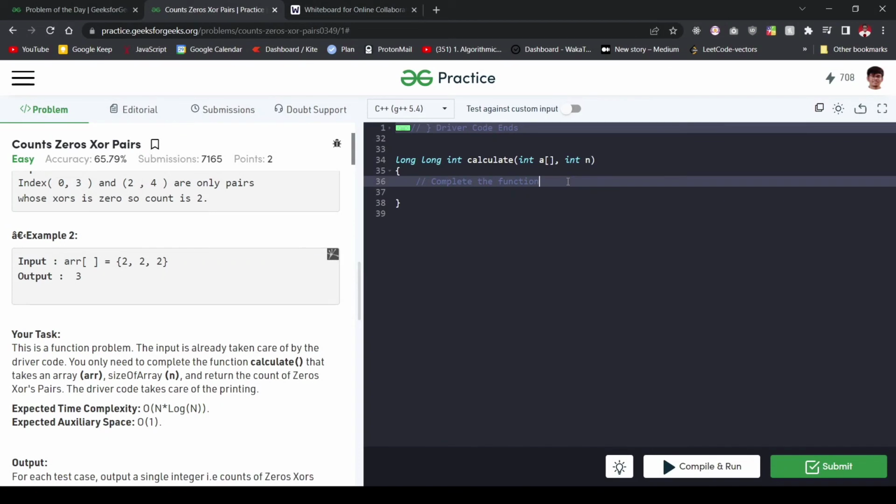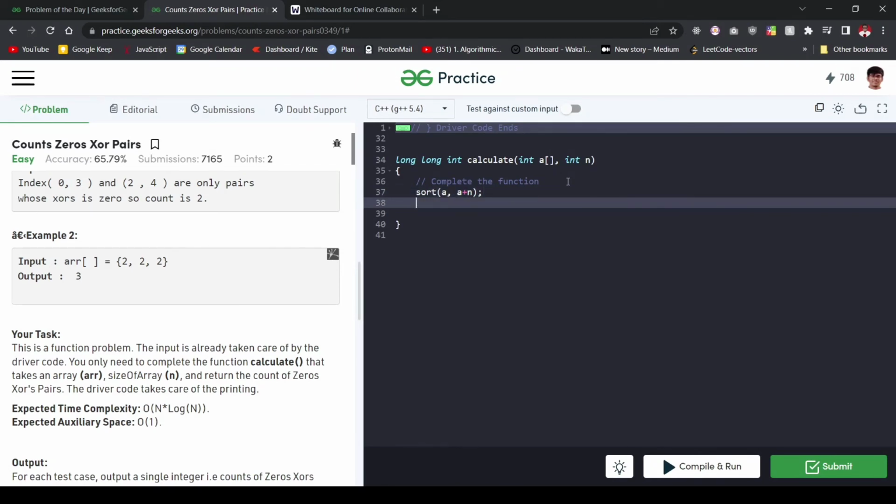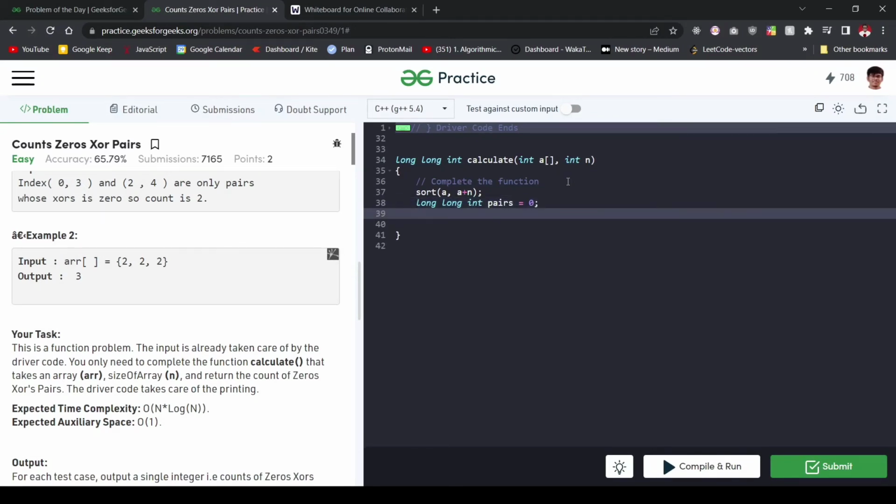Now let's translate the algorithm to code. First of all, we have to sort our array. For that, I will use the STL sort function, passing in the array and the size. Now let's declare another variable pairs and initialize it with 0. Now let's loop over the array itself.